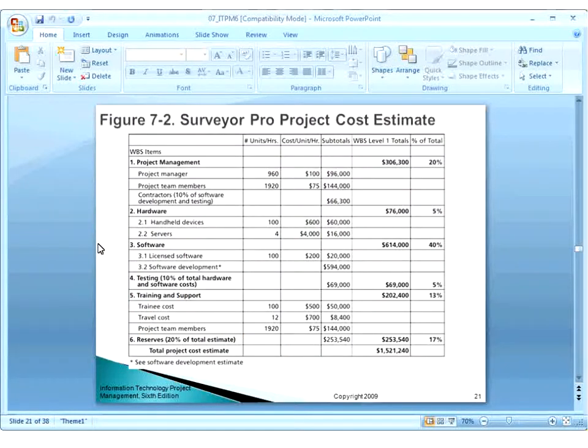Now this is the cost estimate against the WBS items of the sample survey flow project given in the book. So you can see here you have made this estimate, and then you have also calculated what percentage of the total each item is. You can identify what the major cost component in your project is.